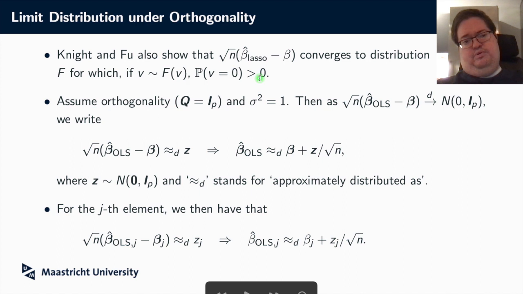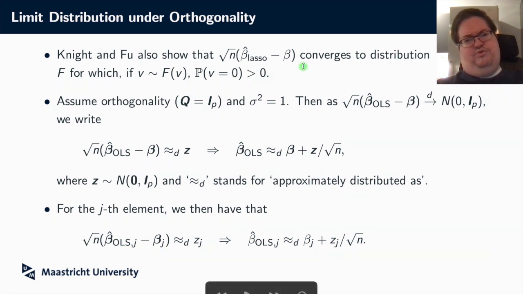And this is, of course, very problematic, because we know that, for instance, the normal distribution, being a continuous distribution, has probability 0 of ending up at any particular point by continuity. So here we actually have a limit distribution which is not continuous. There is point mass at 0. So this already makes life very hard, right?